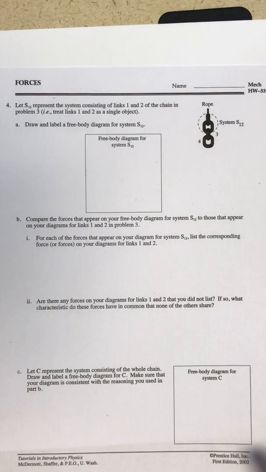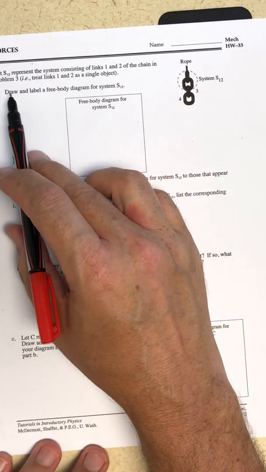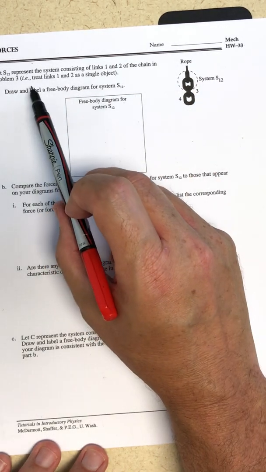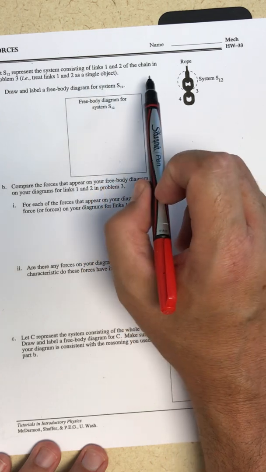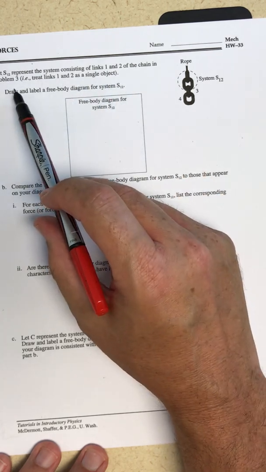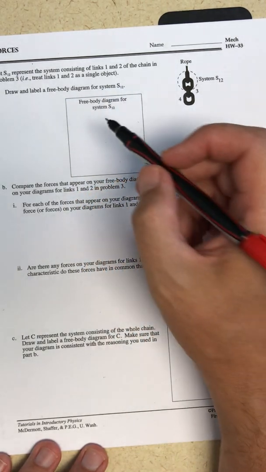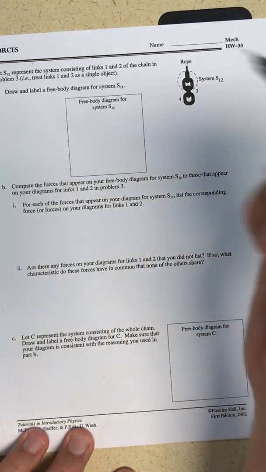I'm going to think a little bit about systems. Let S1,2, system 1 and 2 together, represent the system consisting of links 1 and 2 of the chain in problem 3. So we're going to treat links 1 and 2 as a single object. Draw and label a free body diagram for the system S1,2.